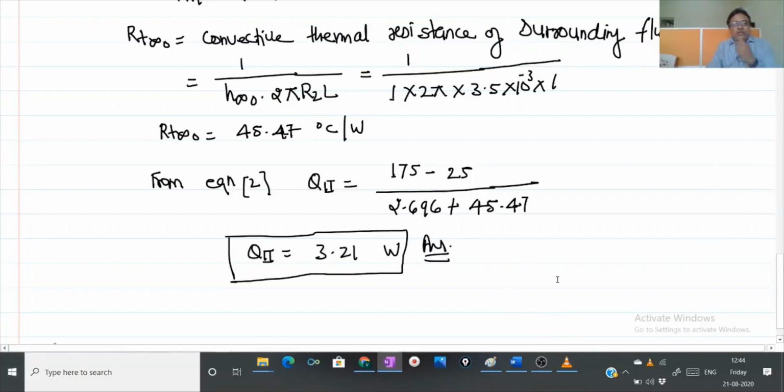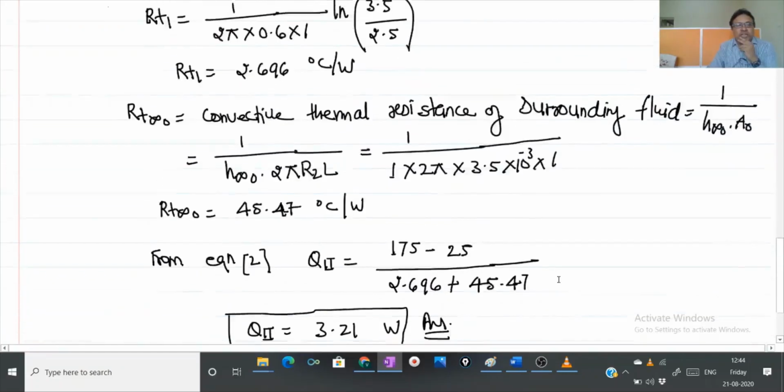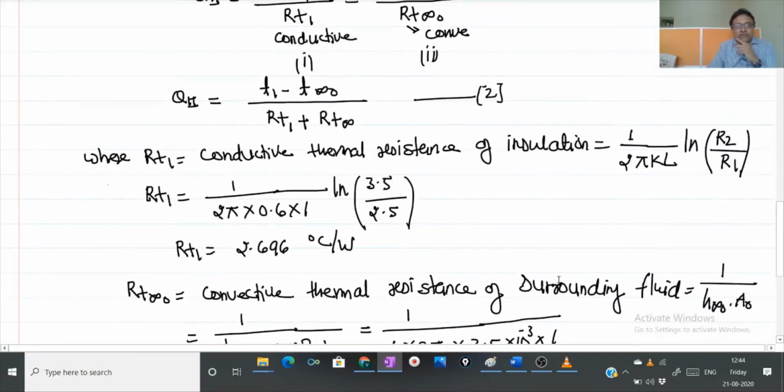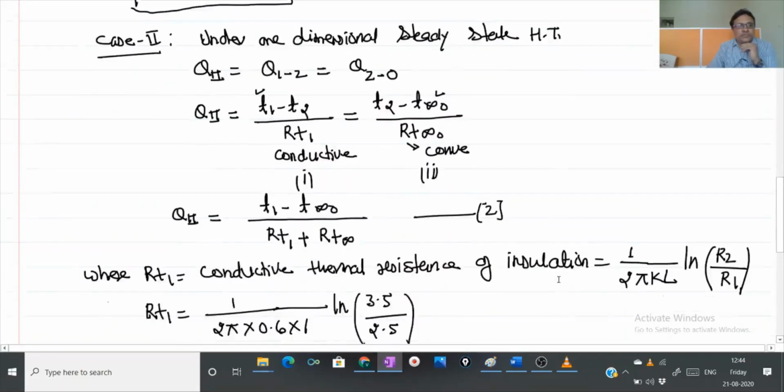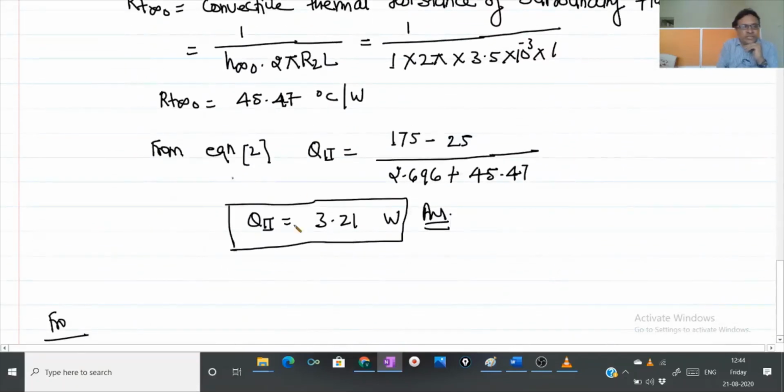So comparing the value of Q2, that is the rate of heat transfer in the second case, copper rod provided with insulation, to Q1, that is the rate of heat transfer from the bare copper rod, we can say Q2 is greater than Q1. That is, the heat transfer rate is increasing.